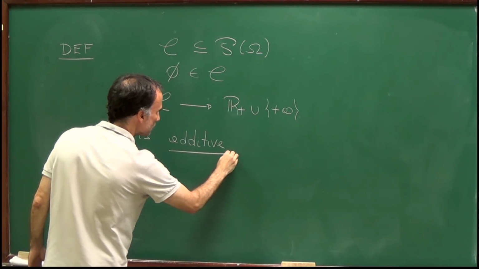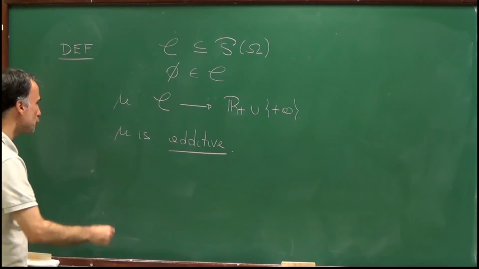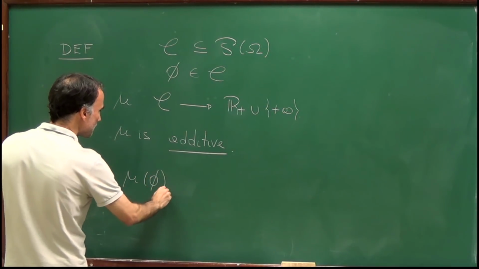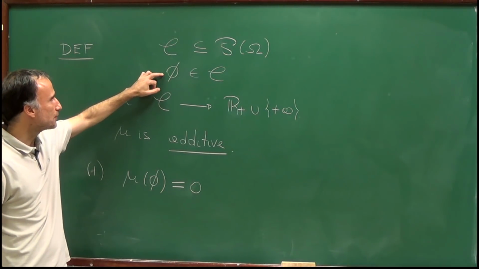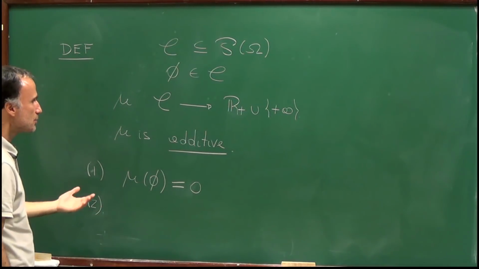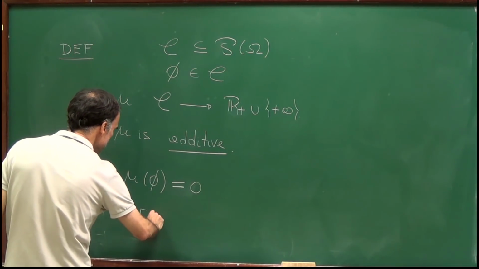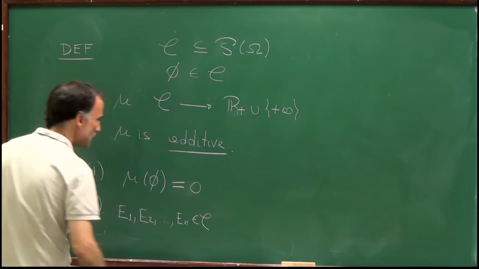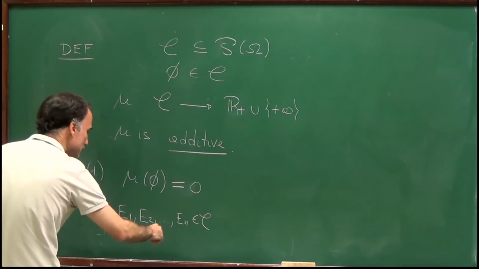I will say that mu is additive. So here is the important notion. Mu will be additive if it has two properties. The first one is that mu at the empty set is equal to 0. Remember that we are assuming that the empty set belongs to C. And then, this is the most important one, let's take E1, E2, ..., En in C. Let's assume that they are all disjoint 2 by 2.